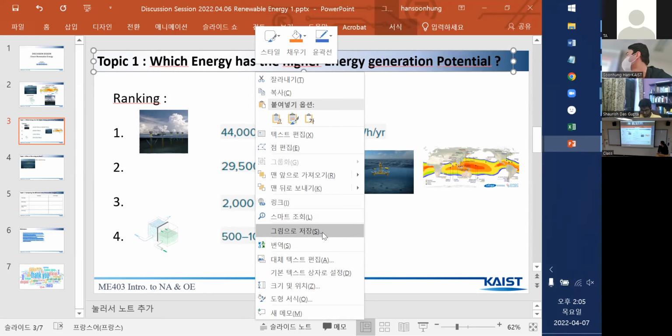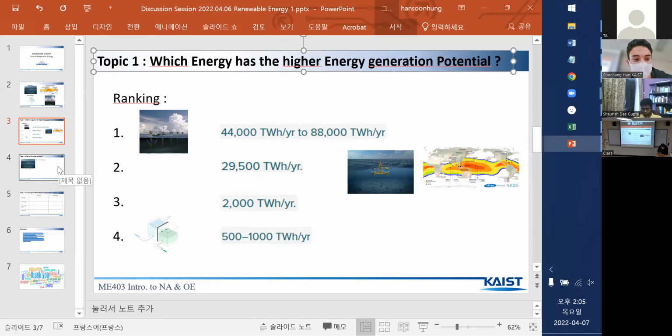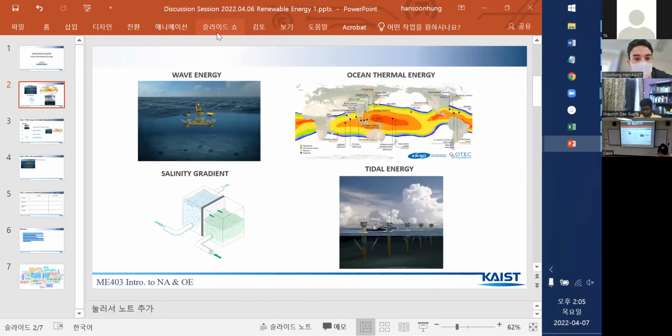This one? You can go to page 2 and copy, Ctrl+C, and Ctrl+V to page 3.